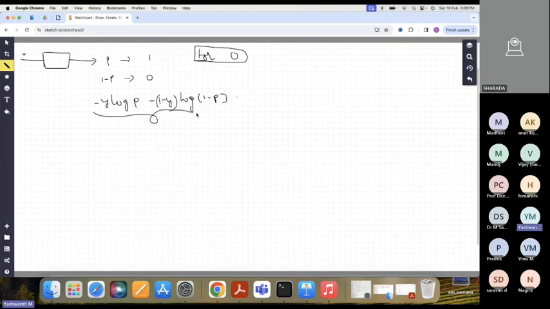So any one of these terms will be active, right? Because y is either 1 or 0. If it is 1, this goes to 0, and if it is 0, this goes to 0. Okay. So if you are familiar with logistic regression, this is nothing but that logistic regression loss.